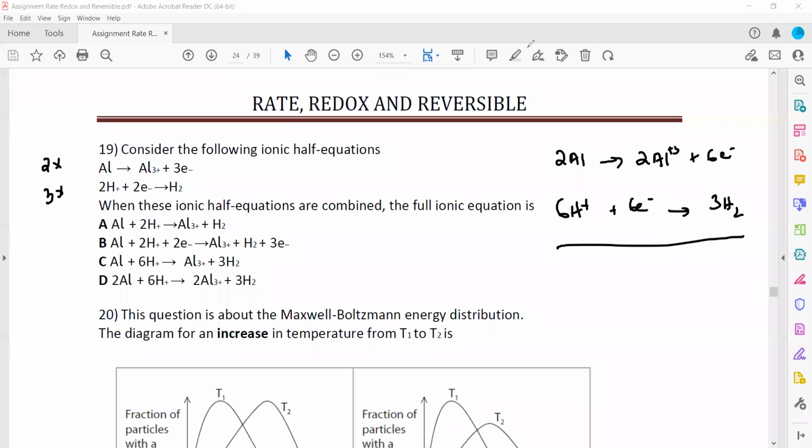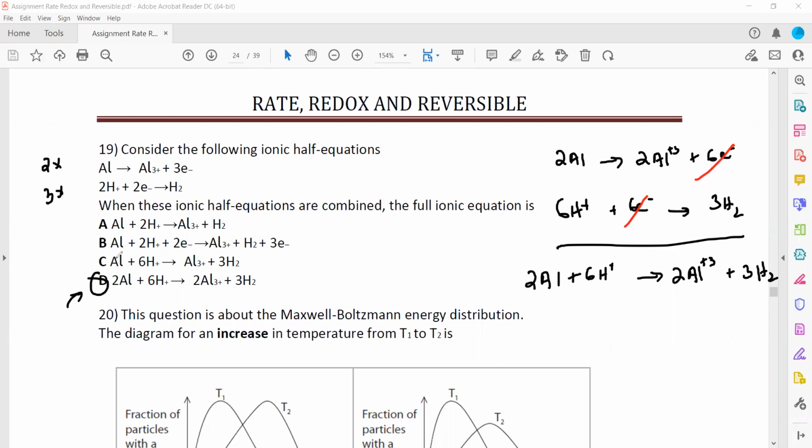When we add the two equations, 2 aluminum plus 6 protons gives 2 aluminum ions plus 3 hydrogen molecules. So it matches with 2 aluminum, 6 protons, 2 aluminum ions and 3 hydrogen. So it matches with option D.